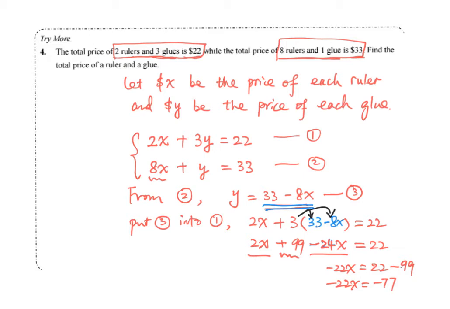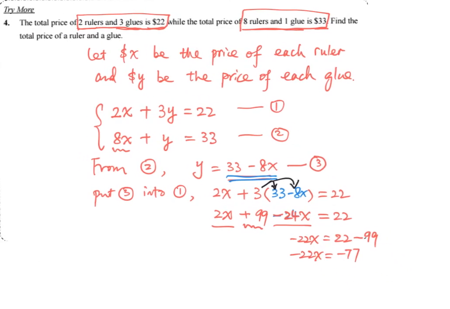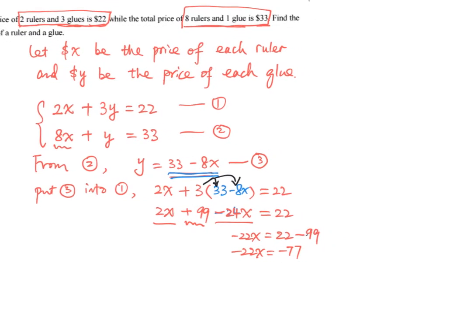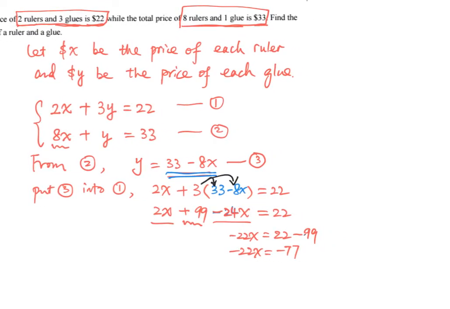So divide by negative 22 on both sides. Negative 22X divided by negative 22, and on the right hand side negative 77 divided by negative 22.